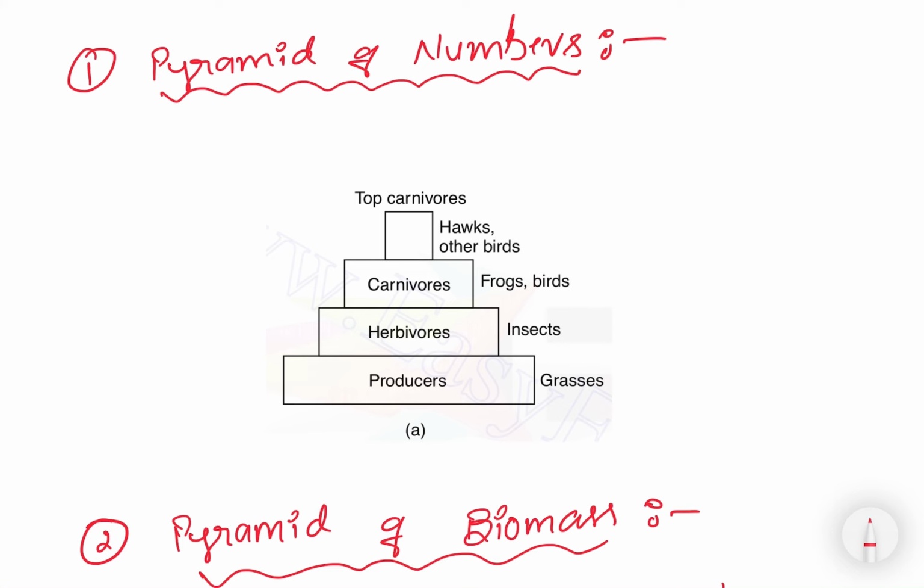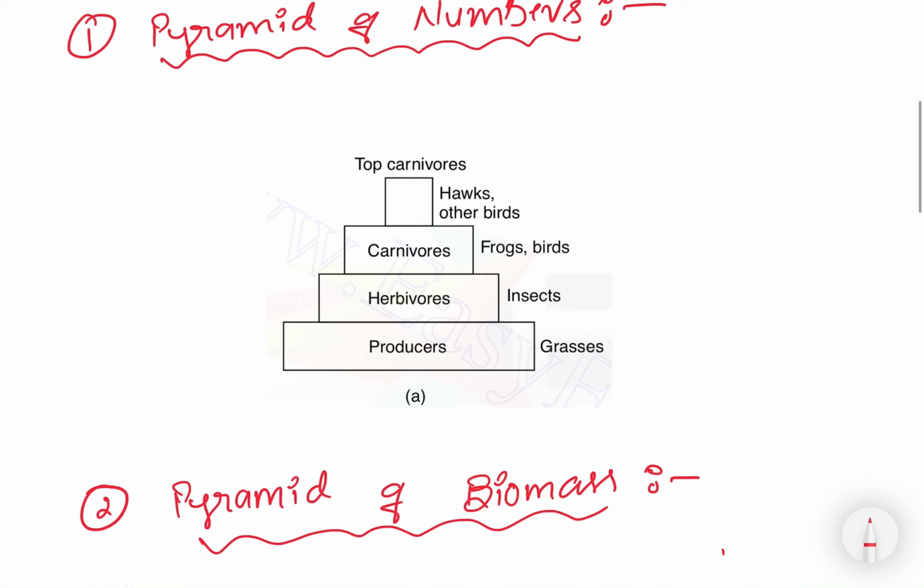Let us move on to the first type of pyramid, the pyramid of numbers. As I told you before, it is a graphical representation of a particular parameter in terms of the individual numbers of organisms at every trophic level.